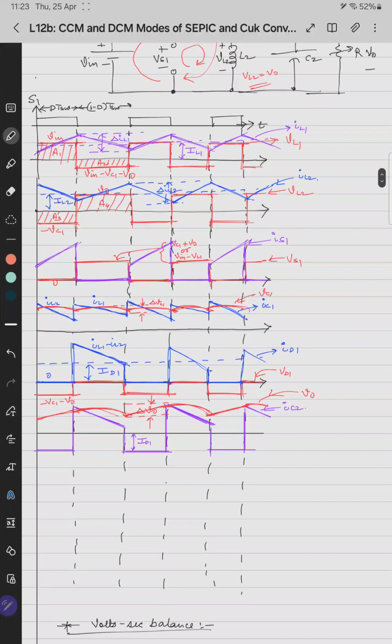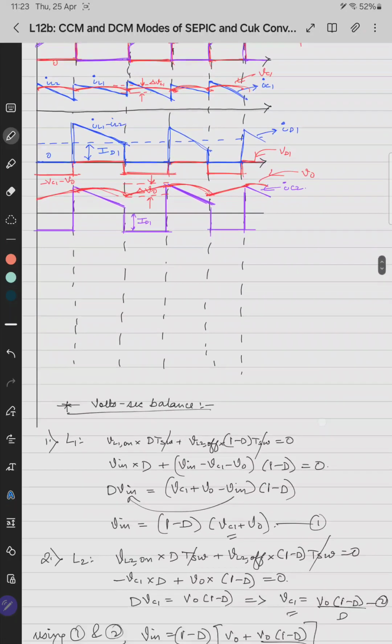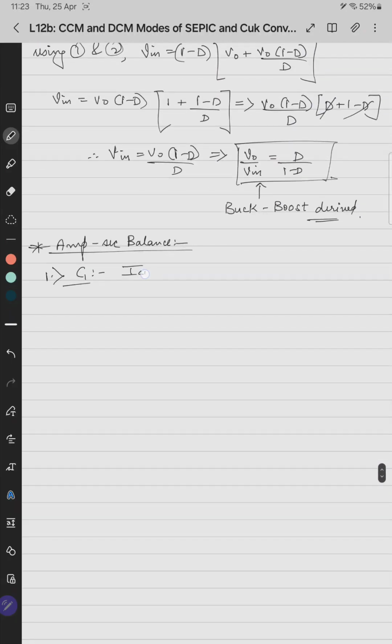Yeah, this one. So IC1 during on, actually writing average value is wrong, so we'll write like this: IC1 during on into D into T switching plus IC1 during off into 1 minus D into T switching becomes 0.